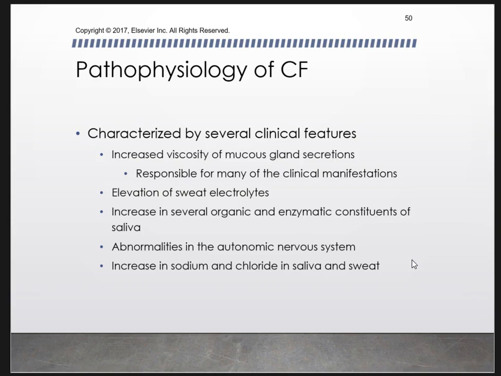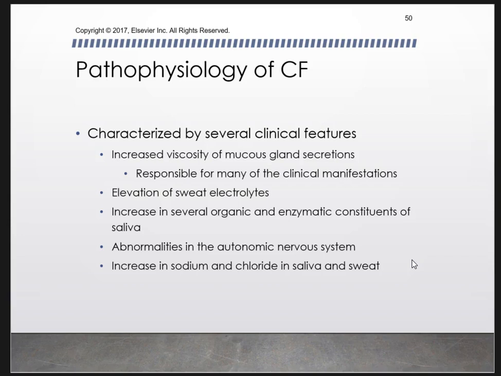Okay, so there are several clinical features that ultimately CF results in mechanical obstruction. So their mucus gland secretions are very thick compared to somebody who does not have CF. Very, very viscous.